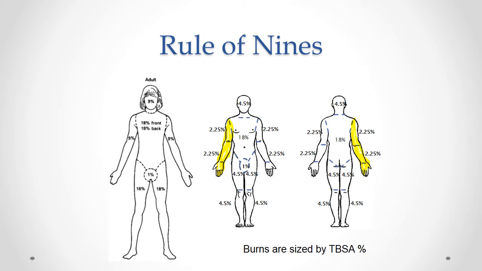Okay, so the entire torso, the front is 18, and the back is 18. Now, legs are 18, so that means that the front of a leg is 9, and the back of a leg is 9. Okay, so I've broken it down for you in each segment, and hopefully you'll be able to remember that. So that's the rule of 9s.